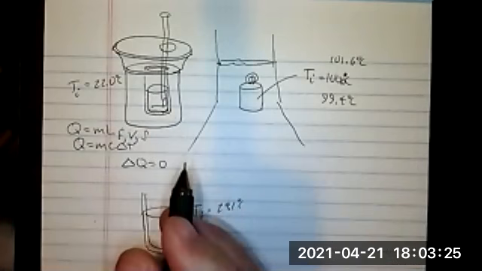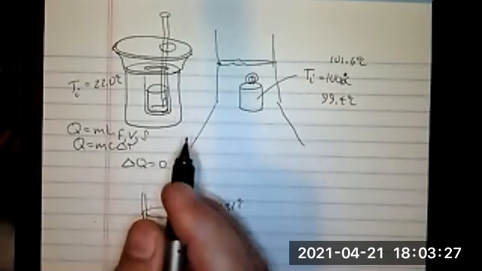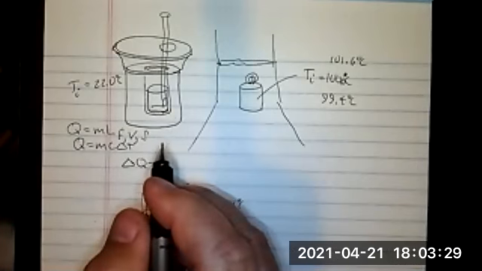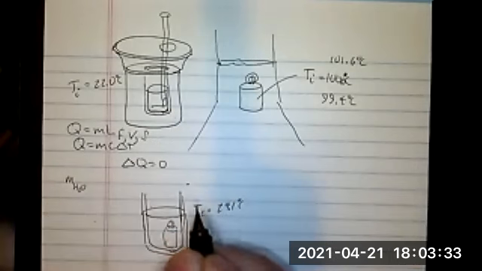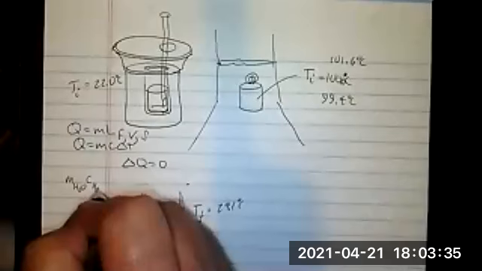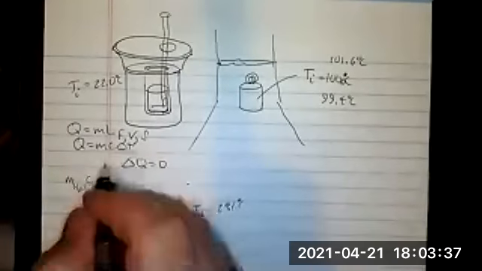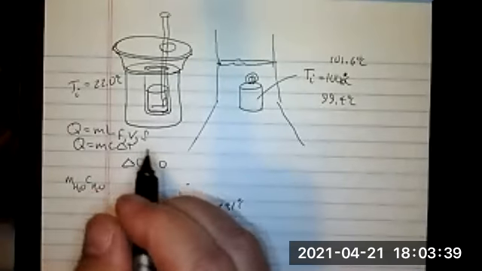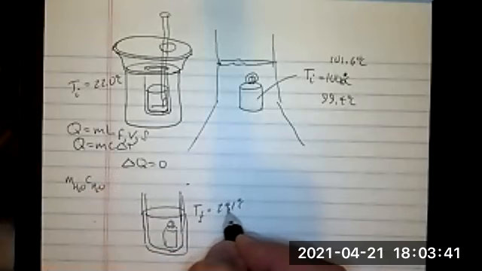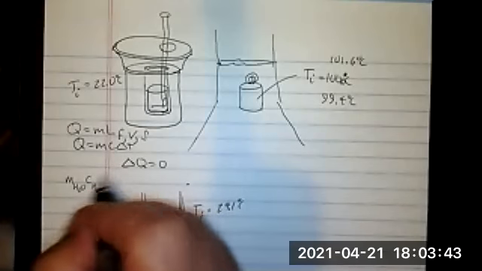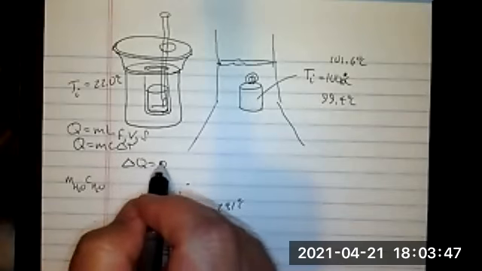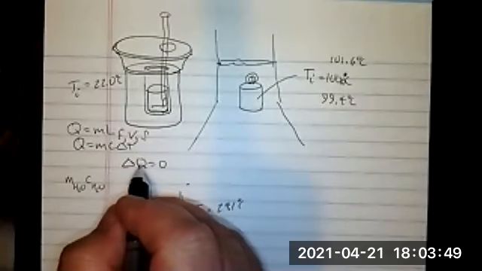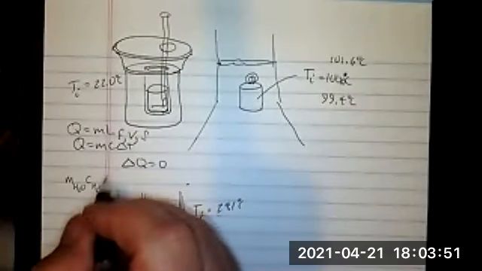So what you can do with this is you can say, okay, well, the water is actually going to have an initial mass, H2O. It's going to have a specific heat of water, H2O, and it's going to change temperatures. And in fact, the final temperature is going to be larger than the initial. But by using this delta Q, I don't have to think about that at all. By using delta Q equals 0, I just have to remember to use delta being final minus initial.